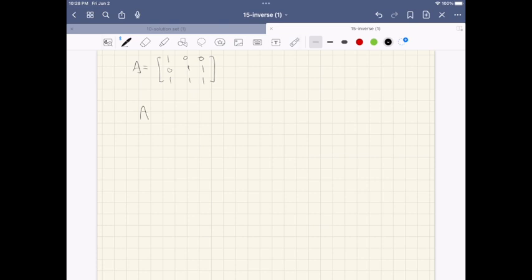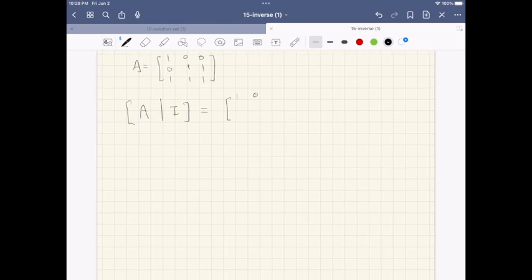So we look at the augmented matrix [A | I], copying the original matrix A and the identity matrix, and reduce it. First column, this is the pivot, this has to be killed. So what we do is R3 minus R1, replacing R3.